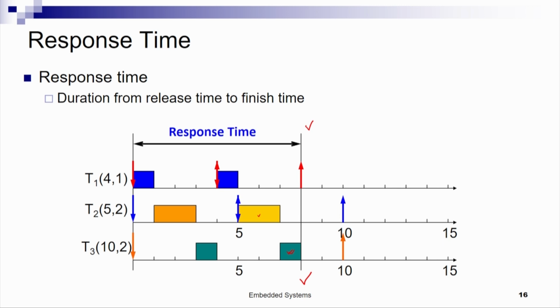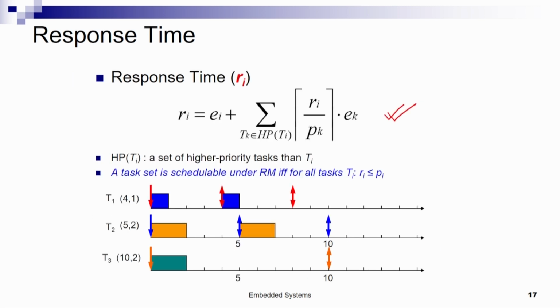Now, what is the mathematical expression that can be used to determine the response time of a task? It is given by this equation here. So, what does this equation tell? It says that the response time of a task is equal to its execution time plus this part.